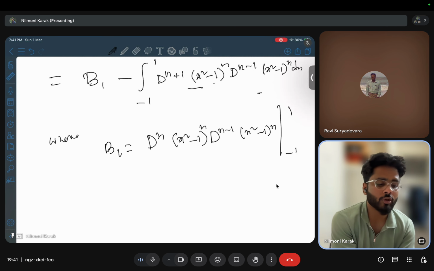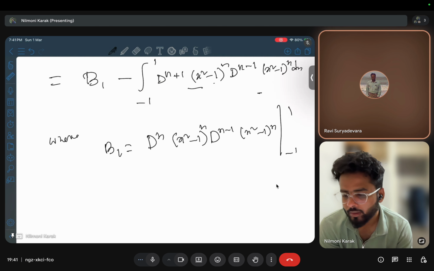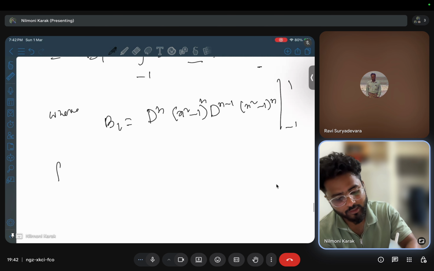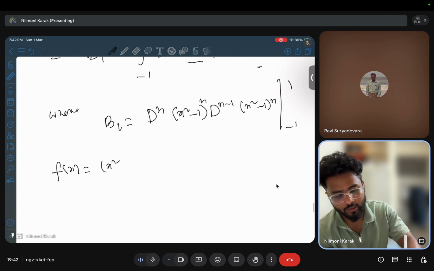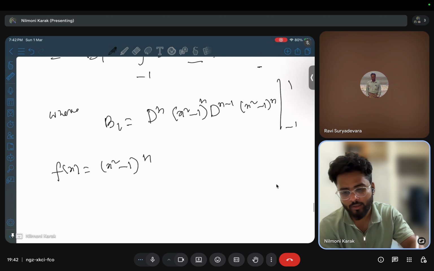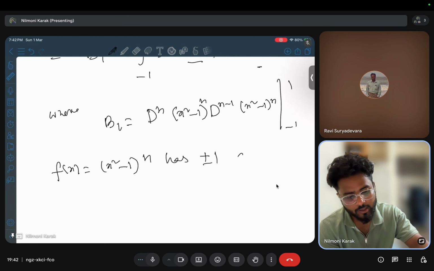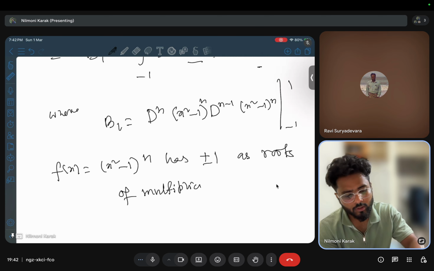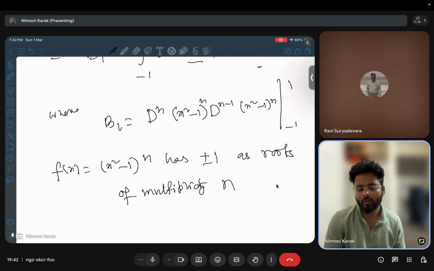You cannot immediately put x equals 1 and x equals minus 1, because you have to differentiate first, right? But the function f(x) equals (x square minus 1)^n has plus and minus 1 as roots of multiplicity n.